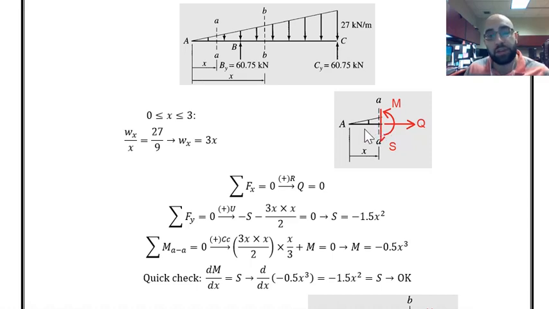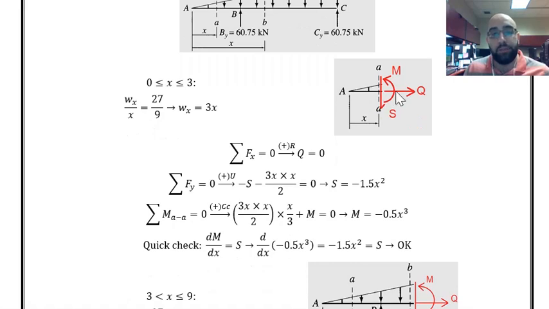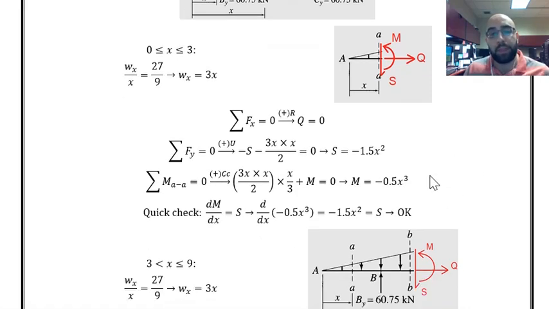That is 1/3 of x, centroid of a triangle. So multiplied by x over 3 plus m, the moment that I have at the section equal to 0, and we can find the equation for bending moment as minus 0.5x cubed, or x to the power 3. These are the equations for bending moment and shear force.